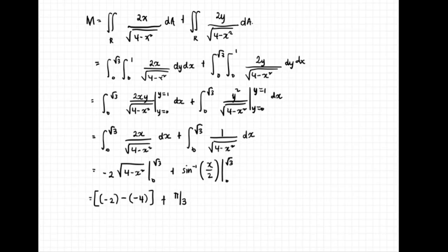When x is 0, you get 0. So this is equal now to negative 2 plus 4, which is 2, and then plus pi over 3. And so this is our answer for item number 1, part number 2 for the mass.